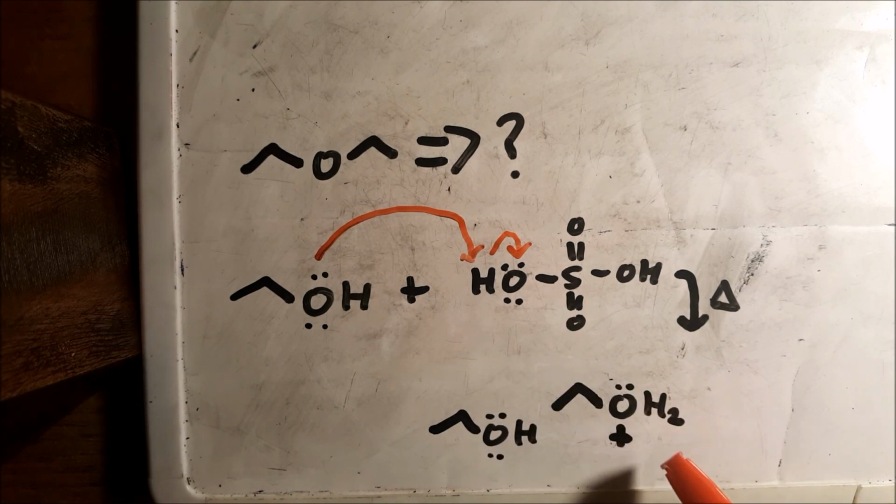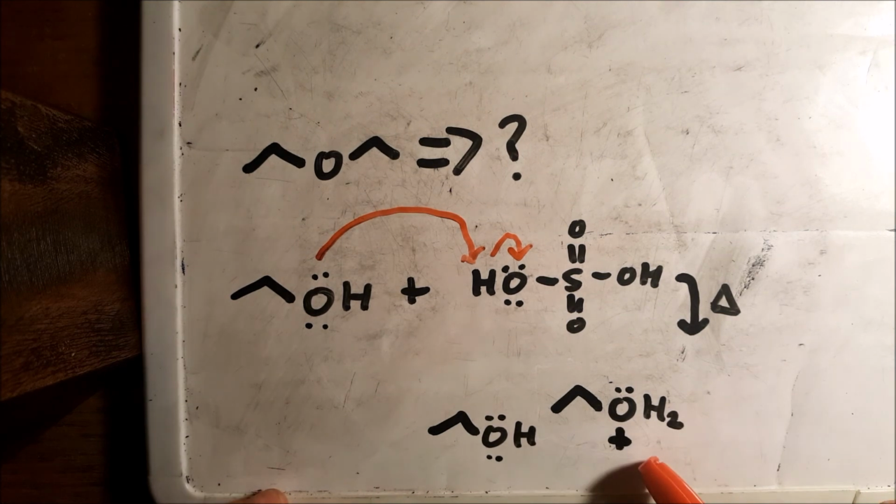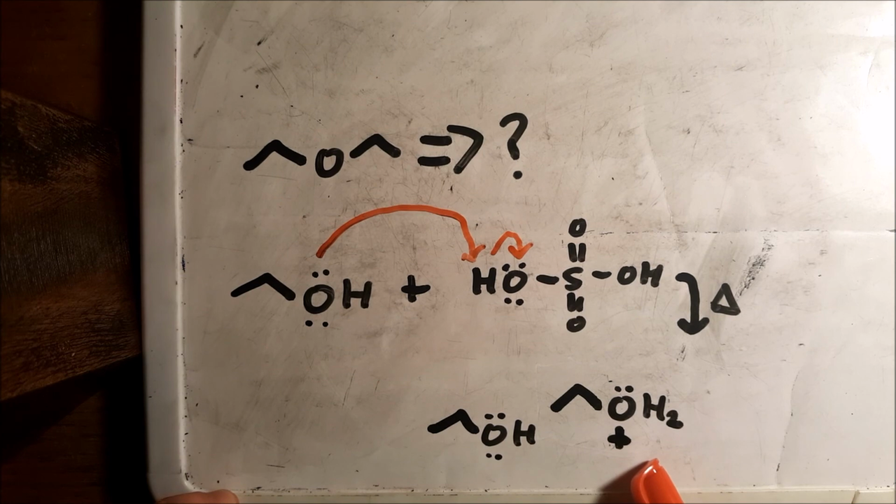So what's going to happen next? How are we going to form diethyl ether from this? All right, I'll show you. We're going to take the other molecule of ethanol, because there's still ethanol in solution, and that ethanol is going to attack the protonated ethanol we made, the ethanol with the plus on it.